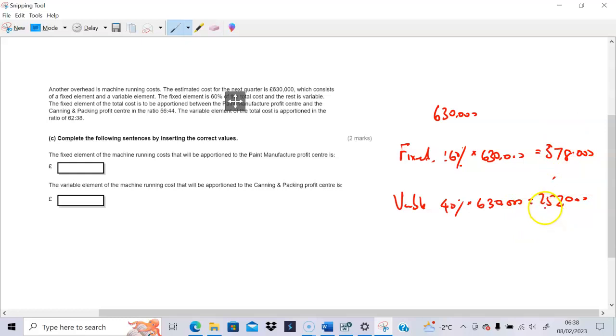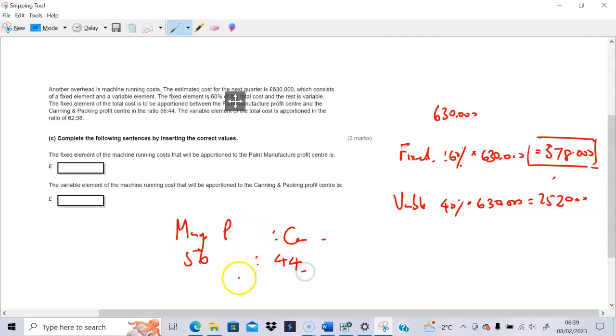Now it says take this fixed figure and apportion that between the manufacturing profit center and the canning in the ratio 56 to 44. So take this figure and do that. That's really 56%, isn't it? 56 over 100 times 378,000.